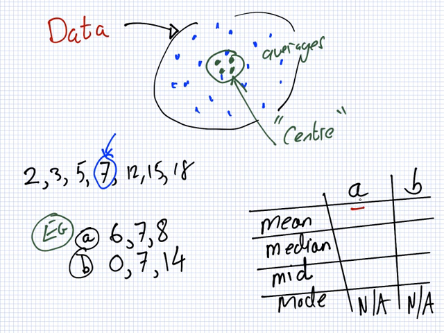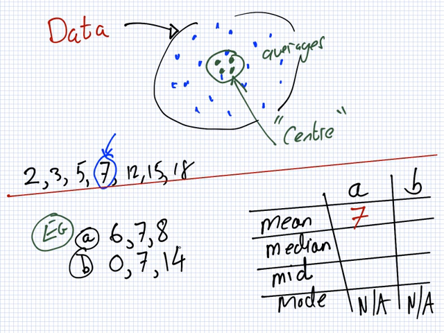Don't know about that. What did you get? That's what I was thinking. 7. Yeah? Want to recalculate? Yeah. Why? Because there's 3 of them.